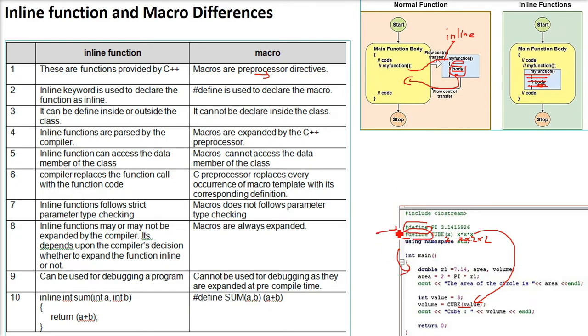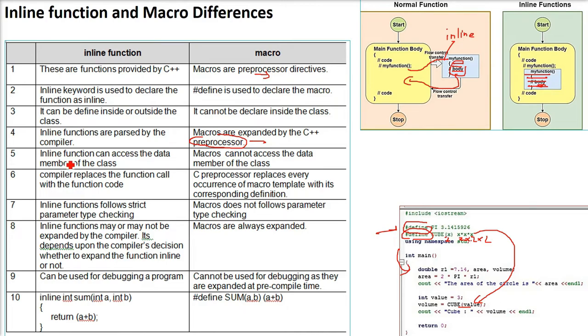You never say hash define inside your class. Before anything else can happen, this is a preprocessor directive. Inline functions are parsed by the compiler, but macros are expanded by the C++ preprocessor. So before the compiler, there is a preprocessor. The C++ preprocessor will work on macros, and the compiler will work on inline functions.